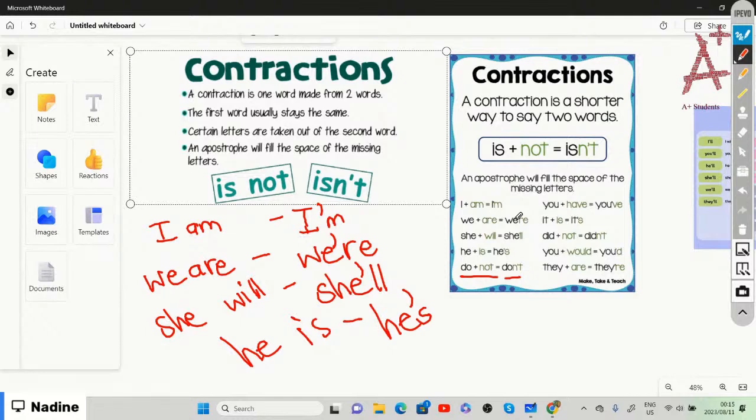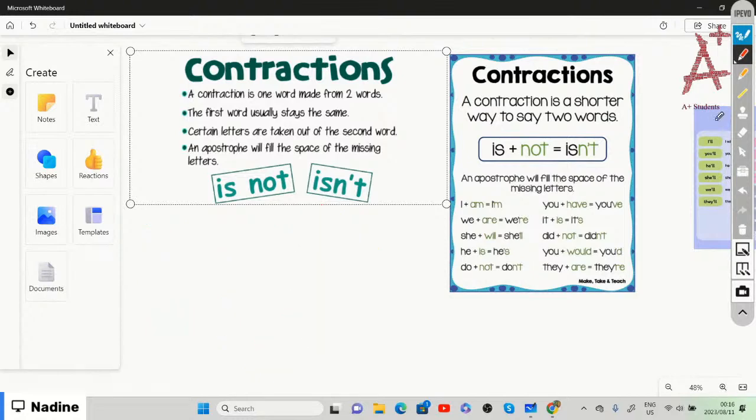A contraction is one word that is made from two words, and the first word usually stays the same. Certain letters are taken out of the second word, removed or left out. And when we leave out those letters, an apostrophe will fill the space of the missing letters. So these are contractions.